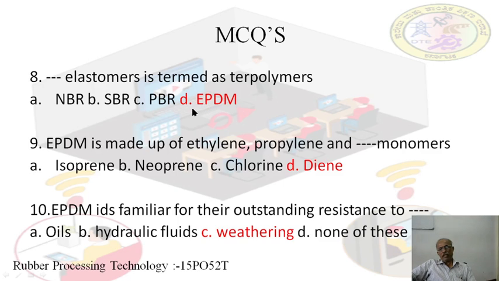Why is it a terpolymer? Because it has three monomers: E is ethylene, P is propylene, and D is diene. That is why EPDM elastomer is termed as a terpolymer, because it contains ethylene, propylene, and diene.